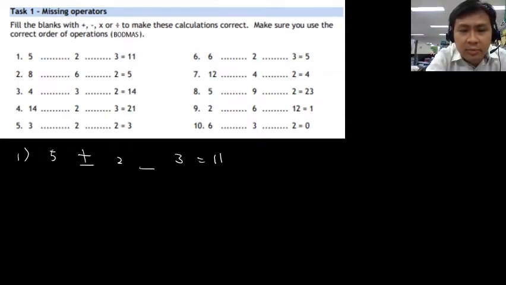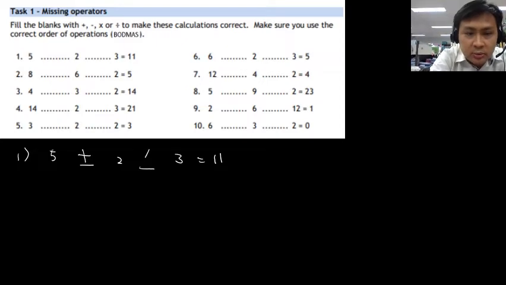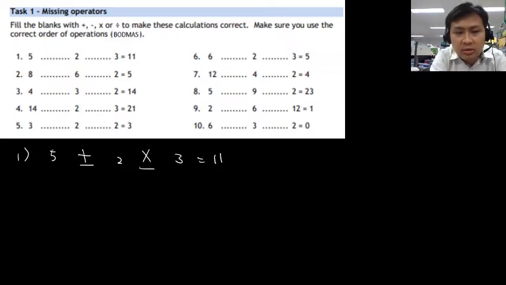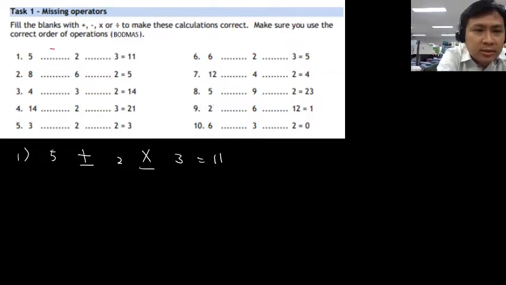Okay, in the second blank, we have 2 and 3. So 2 and 3 needs a multiply. Okay, so we'll have a multiply here. So following BODMAS, we'll do 2 times 3 first. After that, we will add with 5, and this will give us 11. This is how we answer the first question. So for the first set of blanks here, we'll put a plus here, and we'll put a times here.